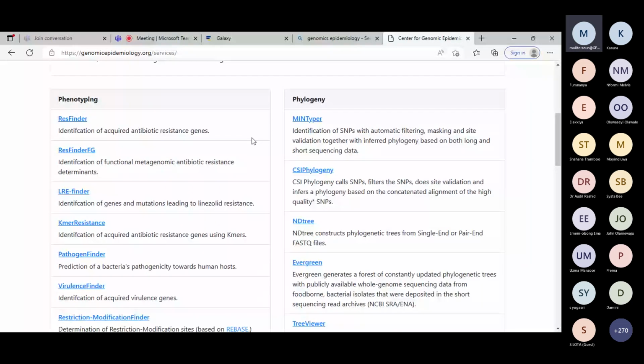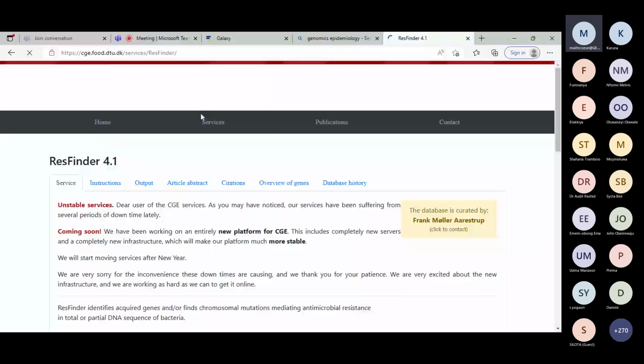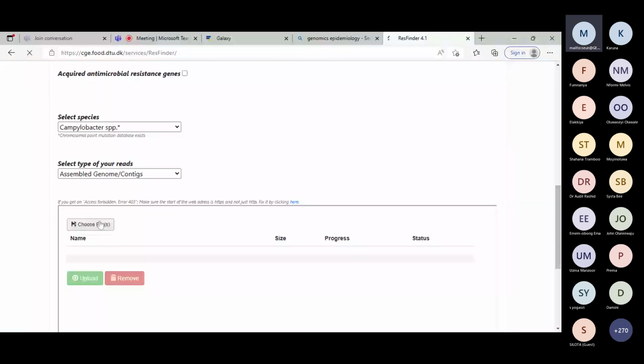You can click ResFinder to find acquired antibiotic resistance genes. It's very simple. Just select the genome that you want to get resistance genes from.